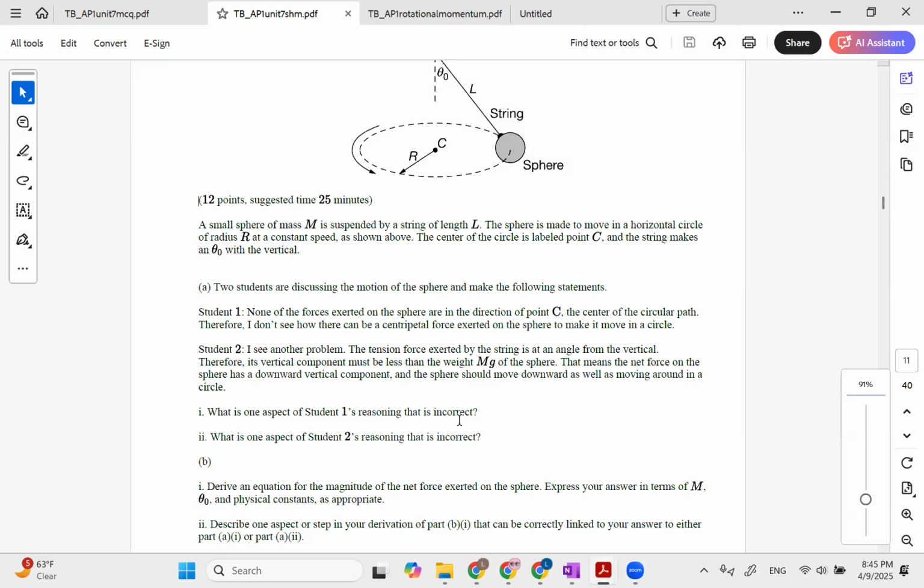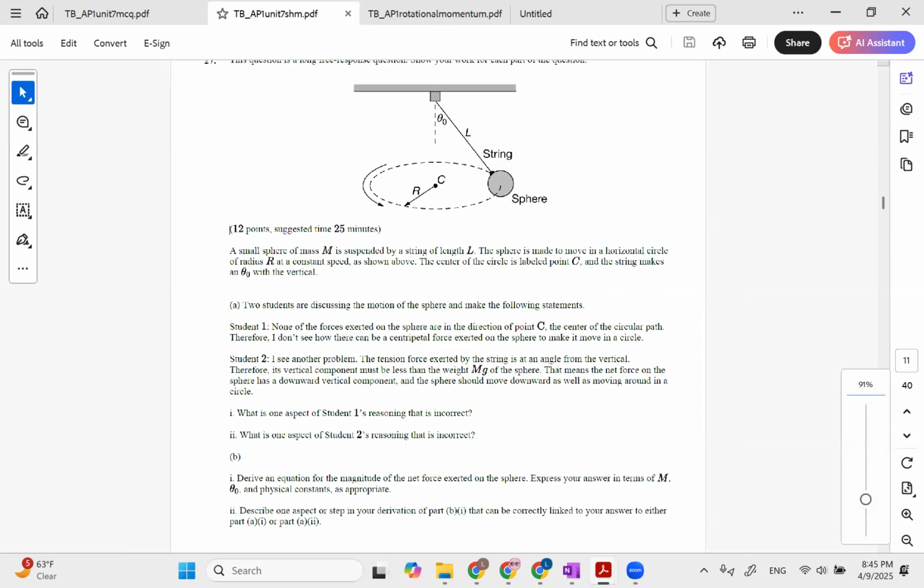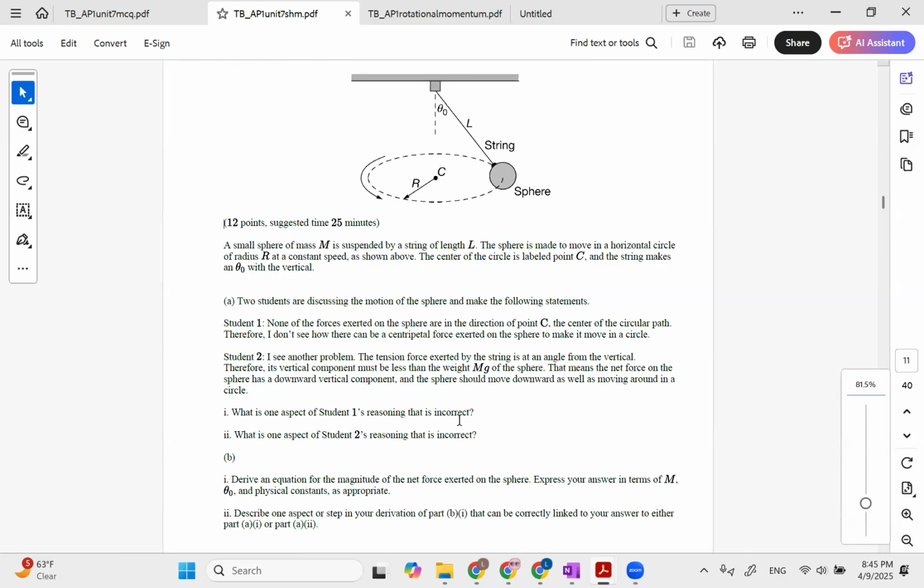You need to derive the equation and then use the equation to describe your reasoning in A. Now we can set up the equation. Centripetal force and net force, in what? You remember? That's a part of conical pendulum. Uniform circular motion, right?